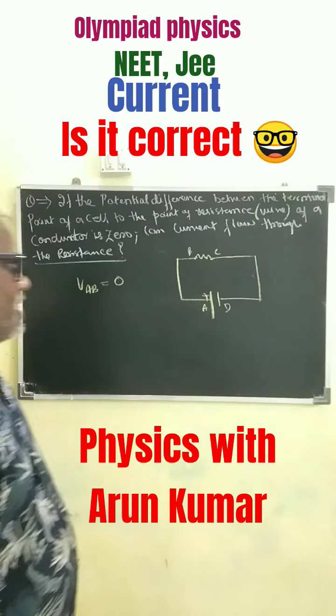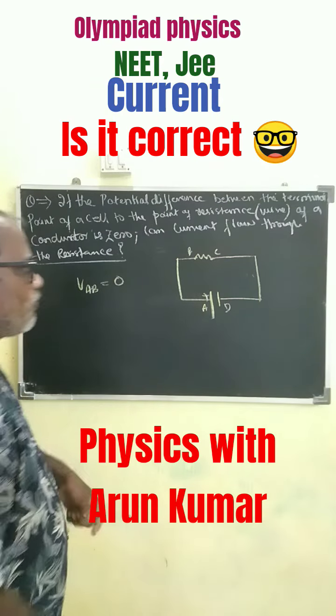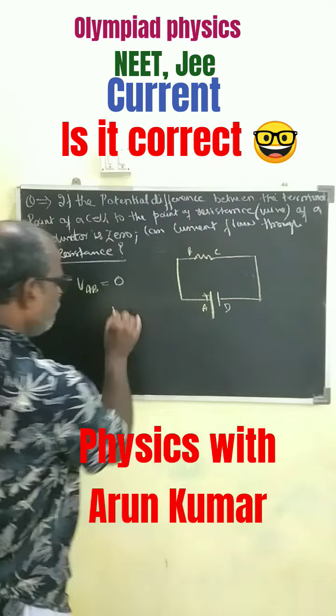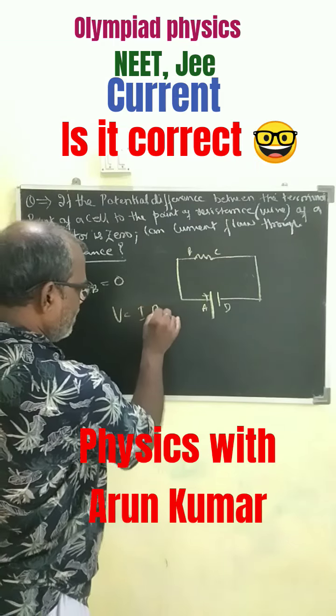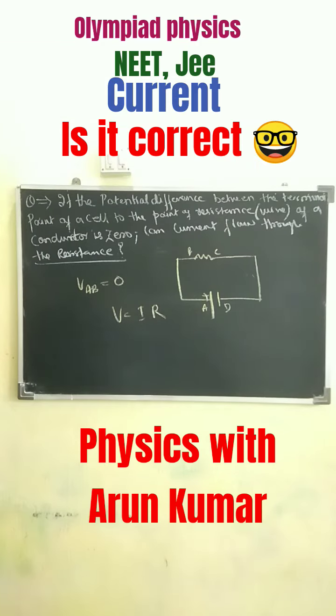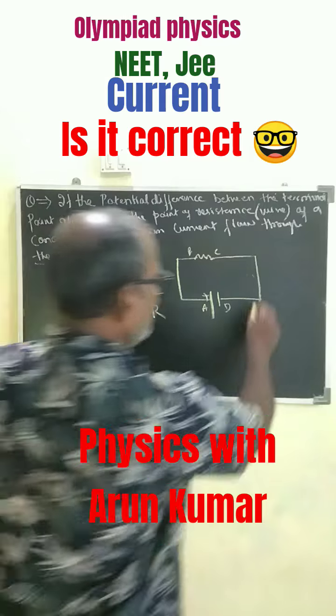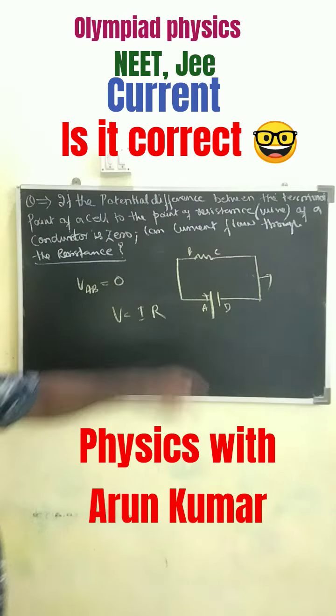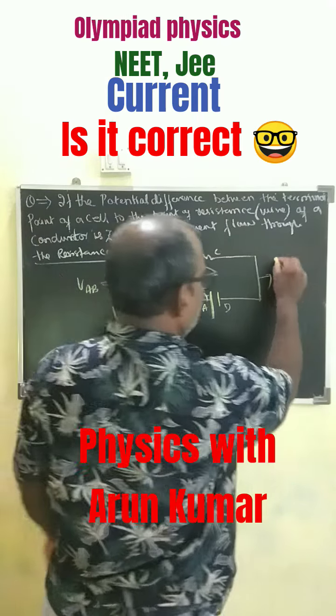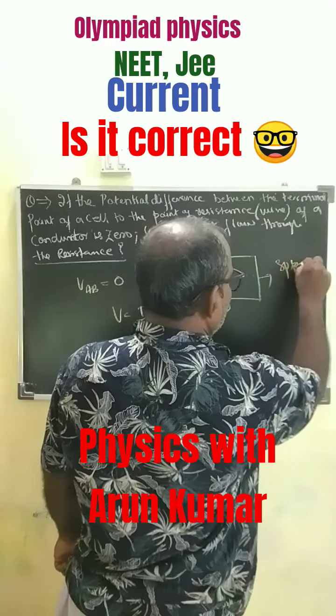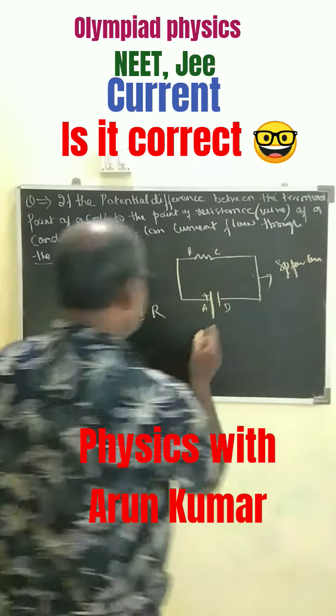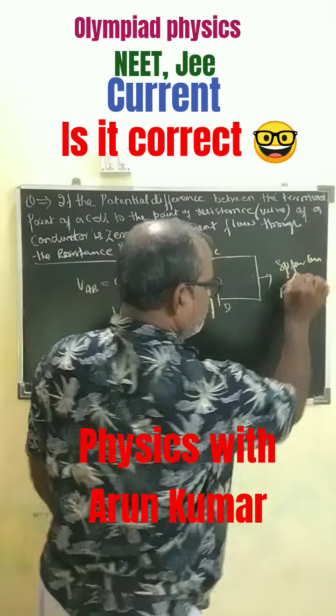So we'll try to understand this first. Suppose we know from Ohm's law that V equals IR. Now, suppose the conductor becomes a superconductor, then resistance equals 0.